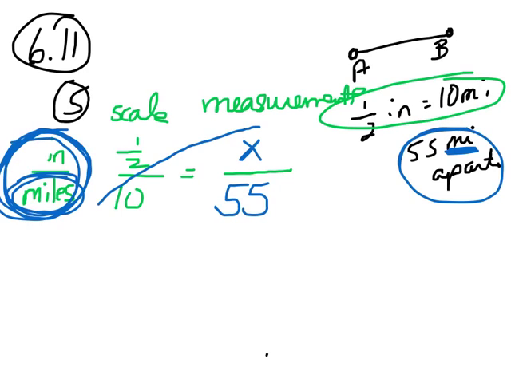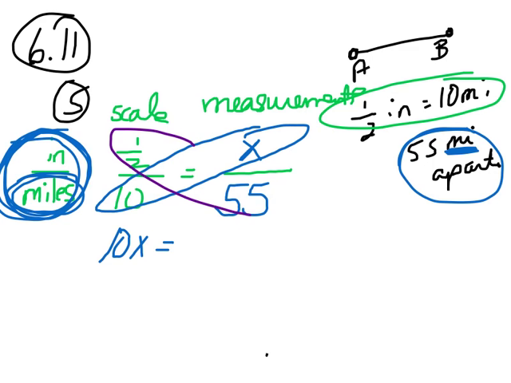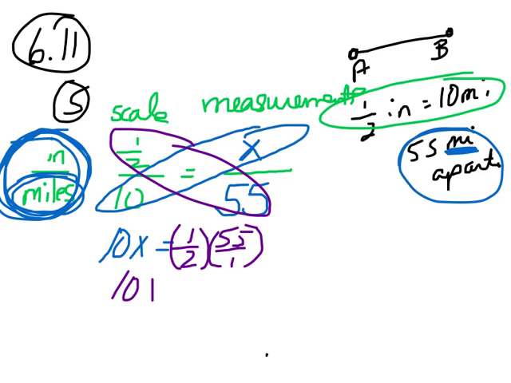I could say, okay, let's cross multiply to solve. 10 times x is 10x. And then 1/2 times 55. Since that 1/2 is a fraction, I'm going to put 55 over 1 and make it a fraction. If I simplify this down, 10x is 55 over 2.